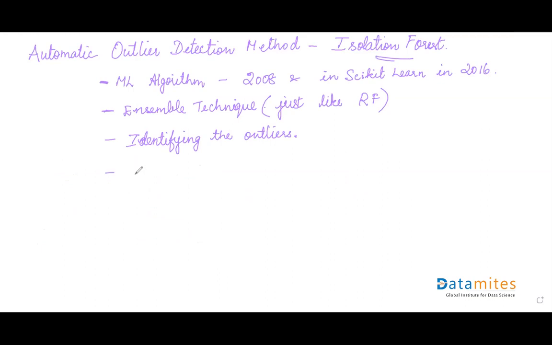So it is built on the basis of decision trees. This is the base estimator, the base model for isolation forest. So how does it work?